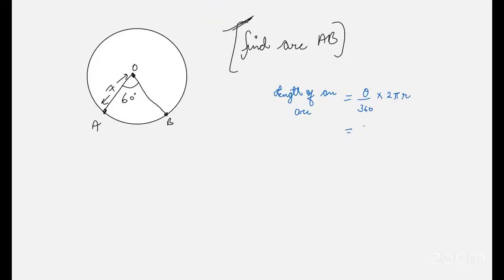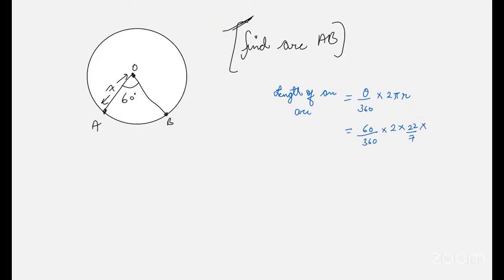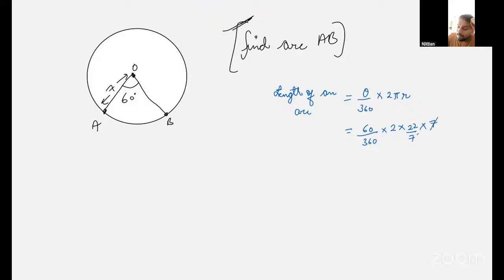60 upon 360 into 2 pi r. What is the value of pi? 22 by 7 into r. What is r? 7. So this 7 and this 7 will cut. This 6 and this 0 will cut. 6 ones are 6, 6 twos are 12, 3 twos are 6.